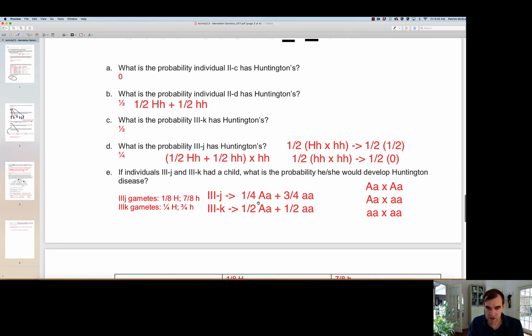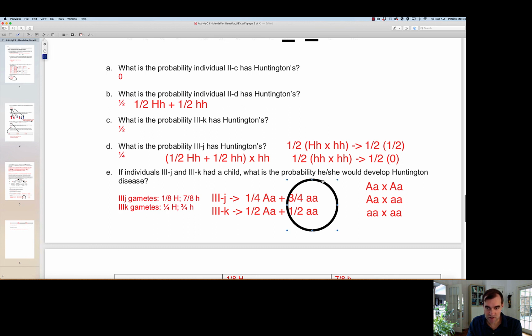And so in the first case, this is what happens if this individual and this individual both had it. And so that would be the first cross. And then the second one would either be this individual, the chance that this individual is this, cross with this individual that is this, or the opposite, this individual that's this is cross with this individual that's this. And then the final possibility is that both people don't have it, and so that would be this individual is this, and they cross with this individual is this.